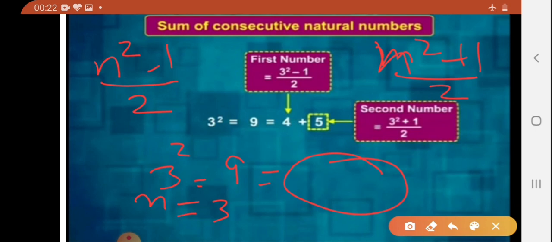N is 3 here. When you put 3 square minus 1 upon 2, the first number will come. 3 square plus 1 upon 2, the second number, as the sum of two consecutive natural numbers.